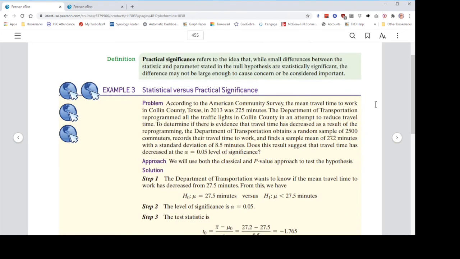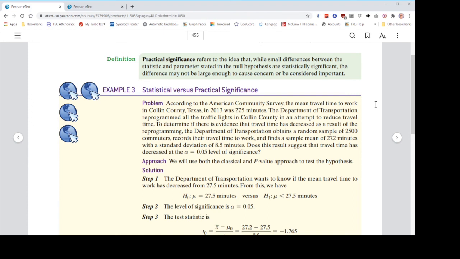I'm going to take a look at this example right here as our last example. According to the American Community Survey, the mean travel time to work in Collins County, Texas in 2013 was 27.5 minutes. The Department of Transportation reprogrammed all of the traffic lights in Collins County in an attempt to reduce travel time.